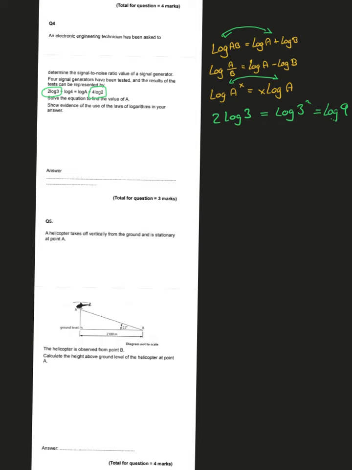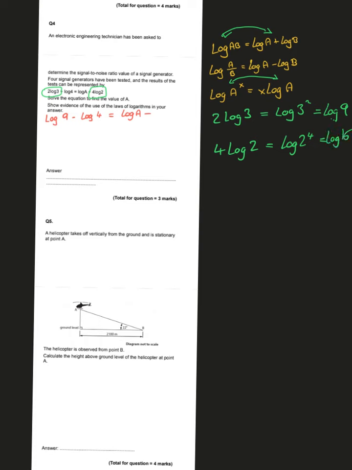So that simplifies down to log 9 plus log 4 is equal to log A plus, I'm going to do the same for that 4 log 2. So 4 log 2 is equal to log 2 to the power of 4, which is equal to log 16.